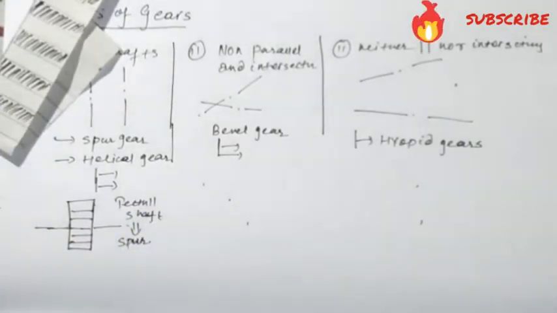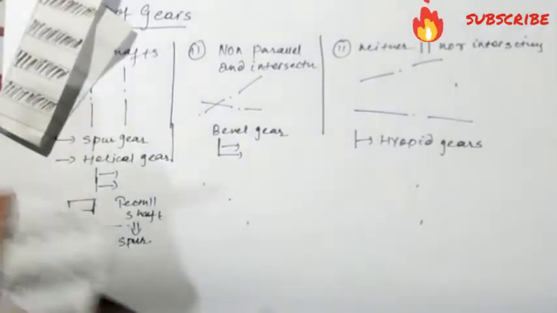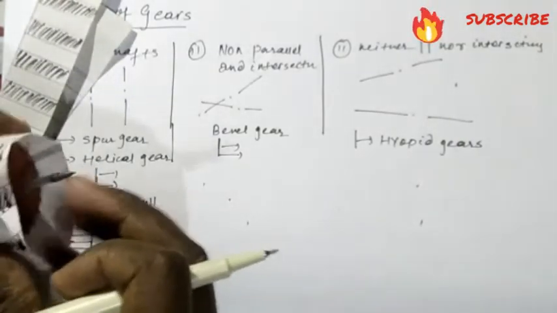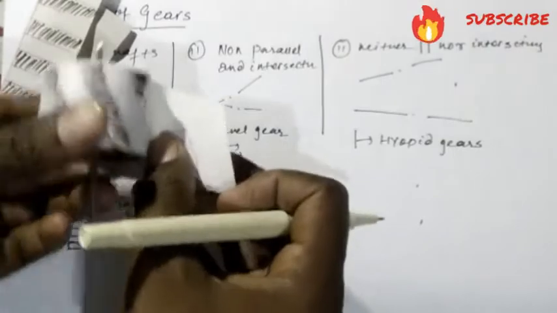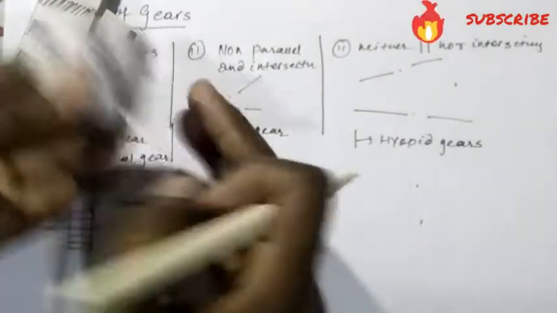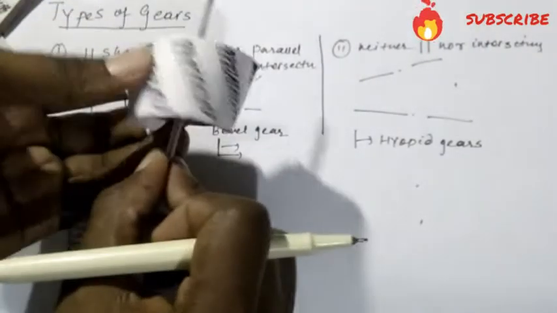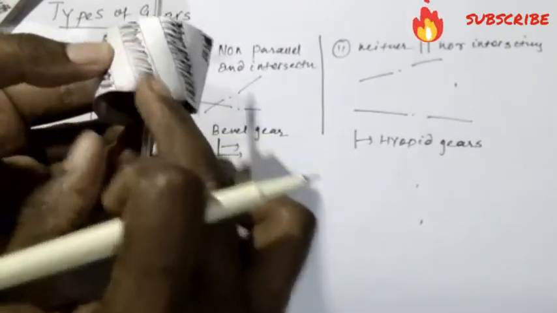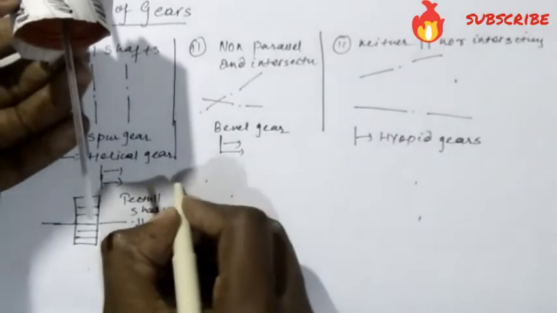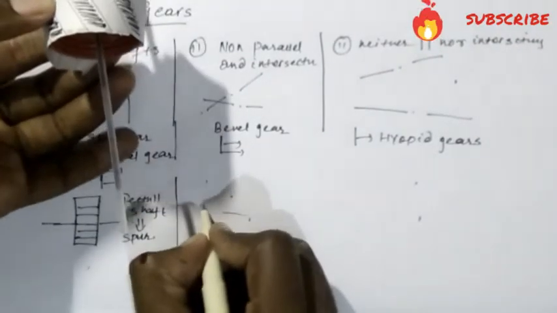Now there is another gear. If the gear is like this, you can see this is the shaft and this is the gear. Now the teeth are not parallel to the shaft, they are inclined to the shaft. Got it? It is inclined to the shaft.